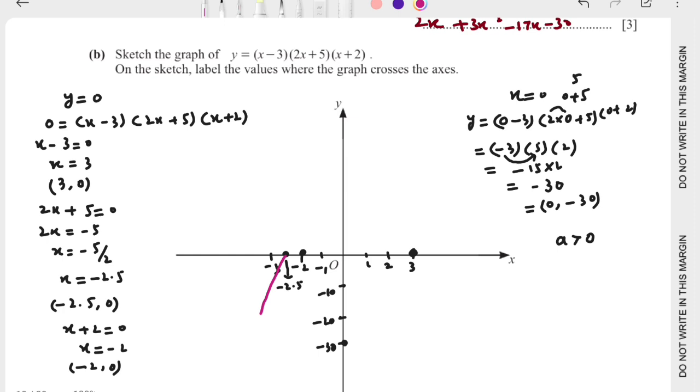So it would be sketched like this. So this would be your graph.